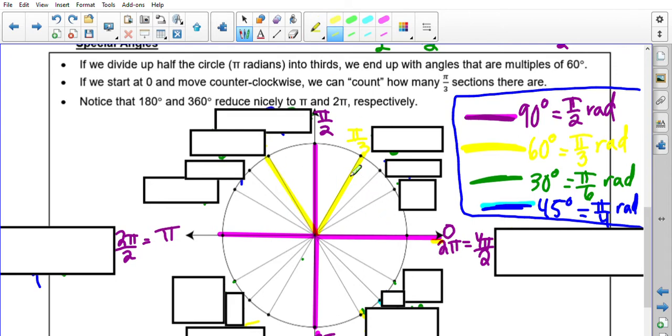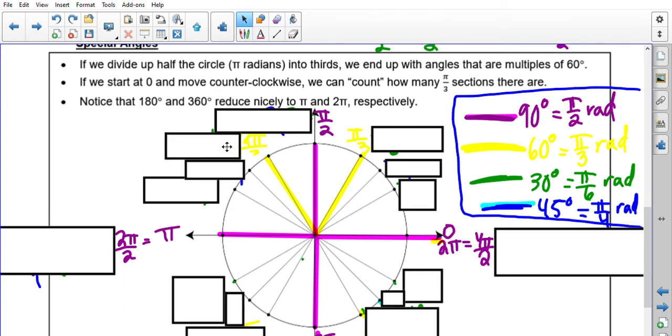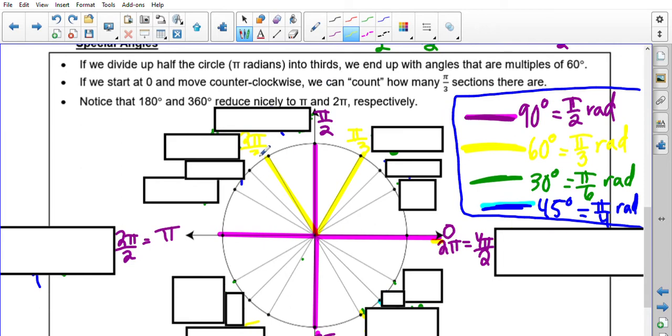That is 1, 2, so that's 2 rotations of pi over 3. So that's why I've labeled that 2 pi over 3 here. I'll fix that there. 2 pi over 3. There we go.